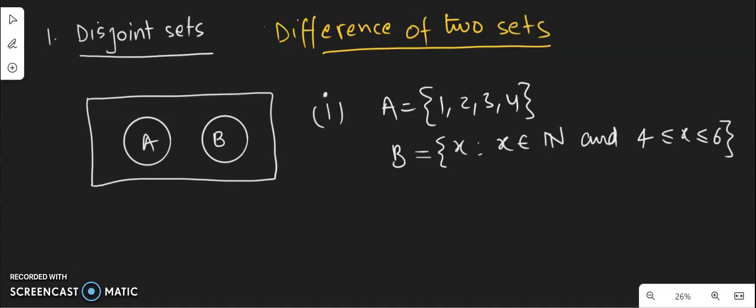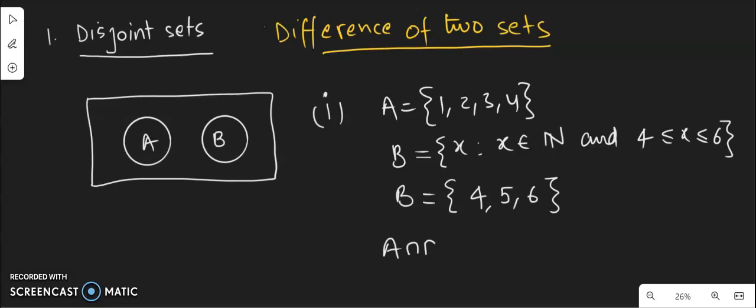That means x varies from 4 to 6, including 4 and 6. I have to see whether A and B are disjoint or not. So for that, let me write B in tabular form. Once again, it is given in set-builder form. So B is going to be {4, 5, 6}, right? It's a natural number; 4 is included, 6 is included.